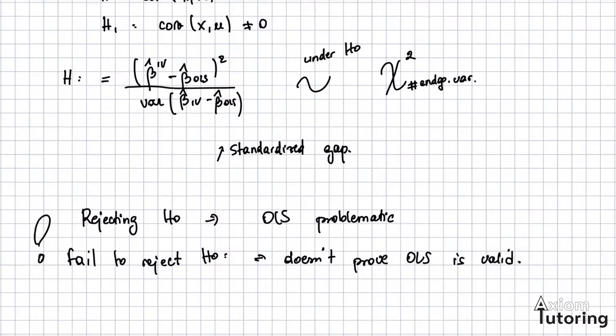And that's a very important key takeaway here, okay? It just means you can't detect a significant difference. With a small sample or a weak instrument, the test may have low power and basically fail to detect endogeneity that is just genuinely present.